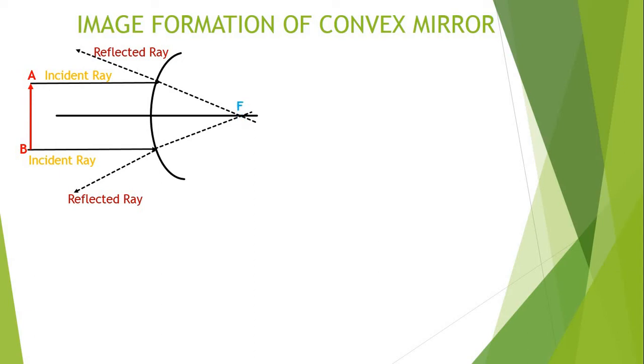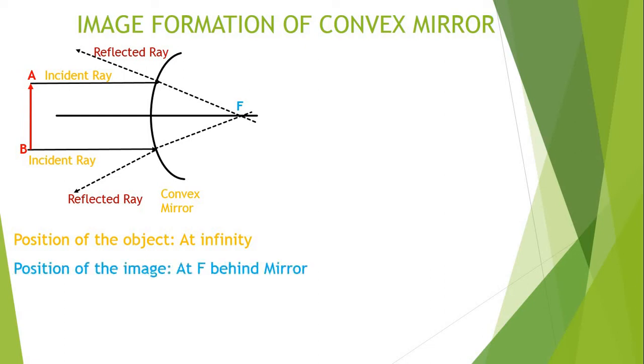You should already remember this concept, that the focus in the case of the convex mirror is always at the back side of the reflecting surface. So here the image has been formed exactly behind the mirror at the focus. It means whenever the object is at infinity in a convex mirror, the image is at the focus, which is behind the mirror.